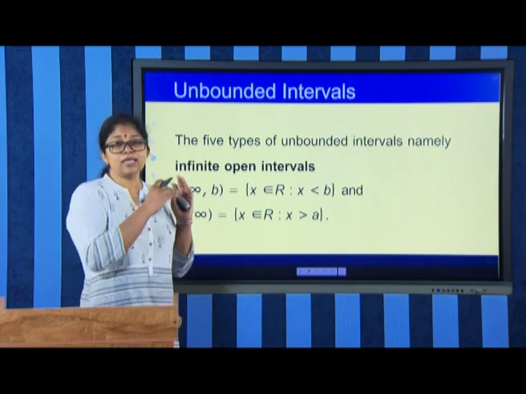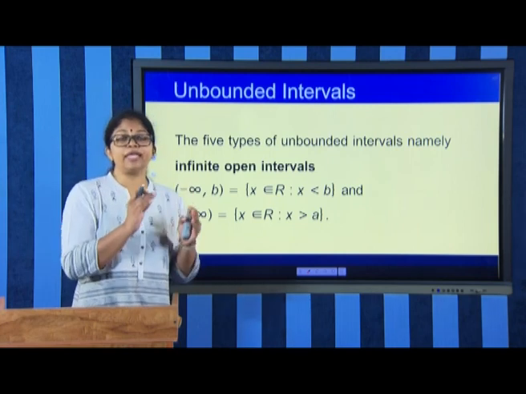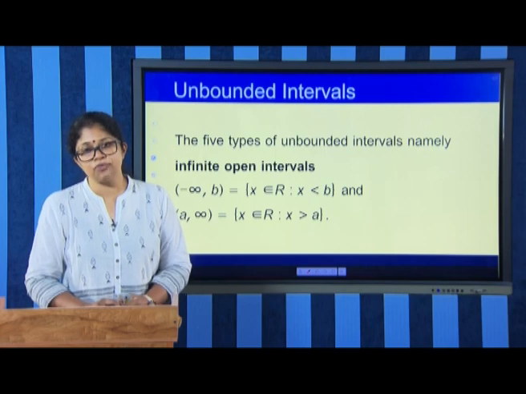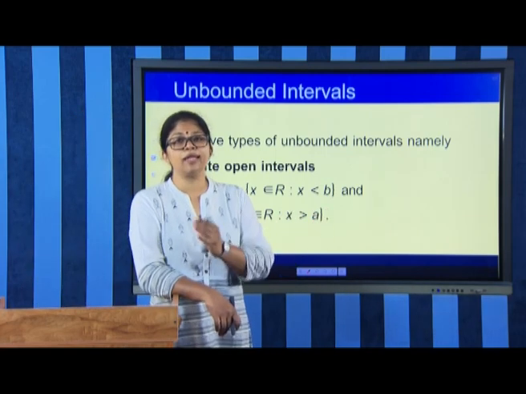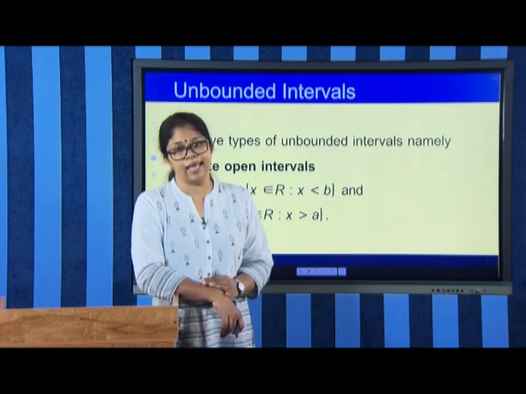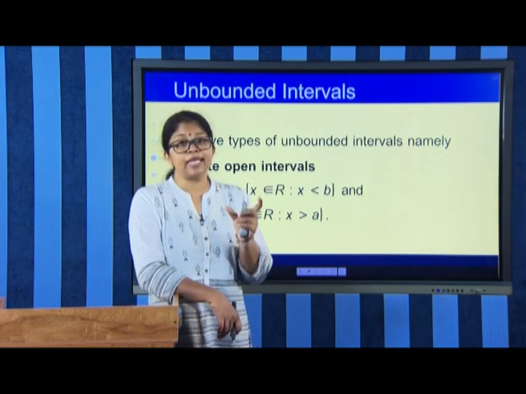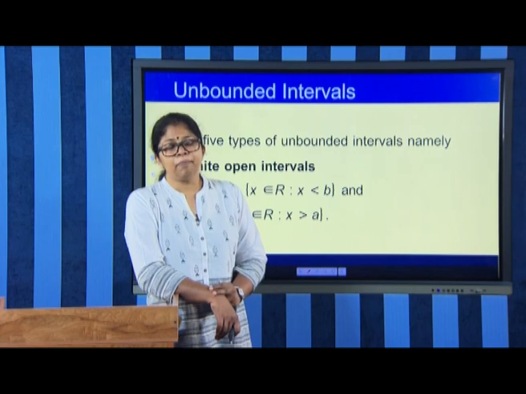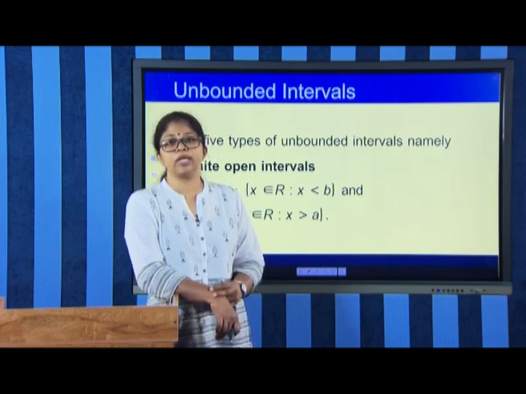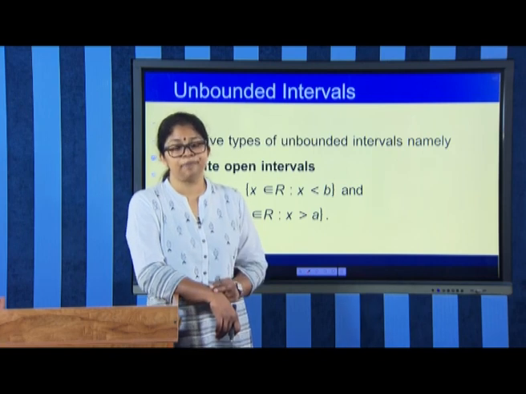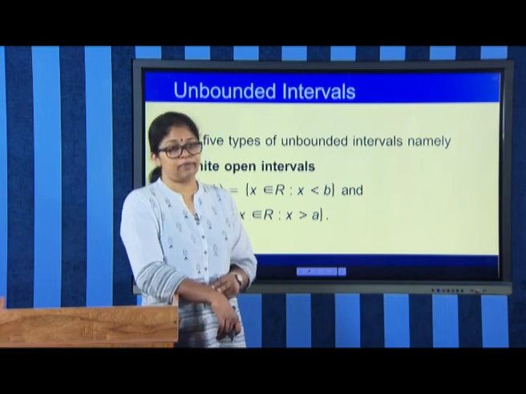Now, these are all examples of finite intervals that we were discussing so far, because we had an upper bound or supremum b and a lower bound, say infimum a. But there are some intervals in the set of all real numbers which cannot be considered finite. They are infinite intervals.